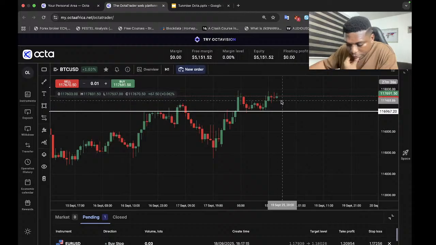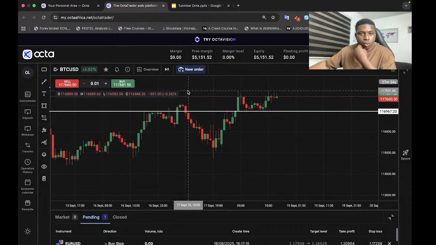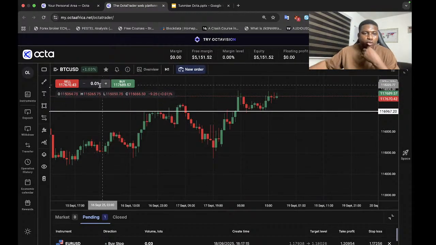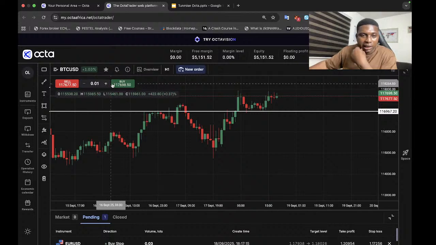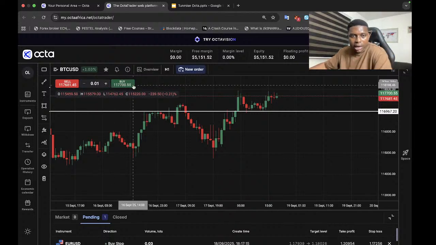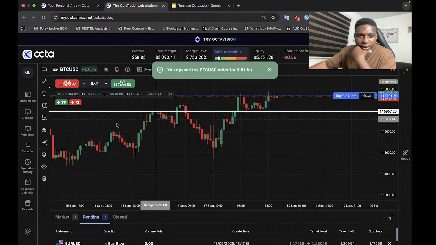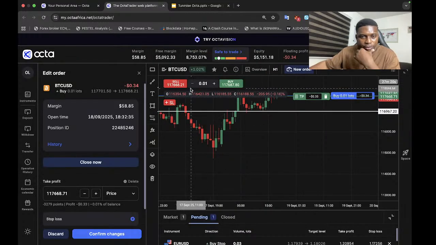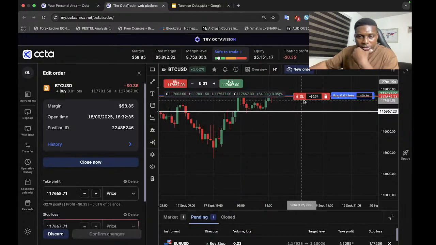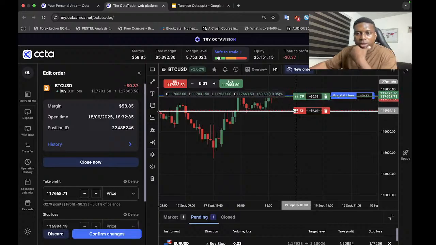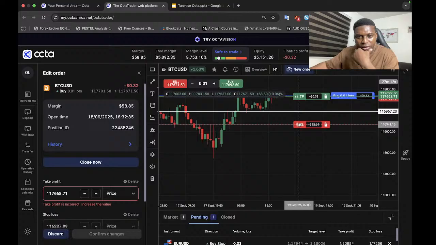So let's do 0.01 lot size and I place a buy. So I've placed a buy here, set my take profit, and set my stop loss here on a 1 hour time frame.